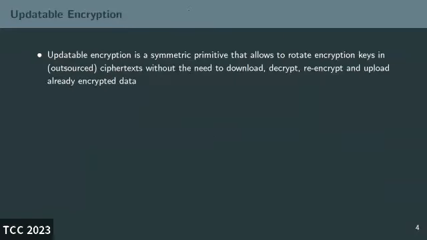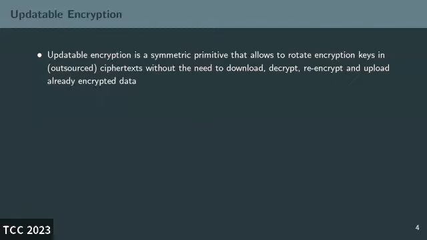So let me briefly explain what updatable encryption is. It's a symmetric encryption scheme that has an additional feature to rotate encryption keys for outsourced ciphertext. So imagine, for example, you have your data stored encrypted on a cloud server, and now you want to change the key. What you can do is download all your data, decrypt it, re-encrypt it, and upload it again, but that's very cumbersome.